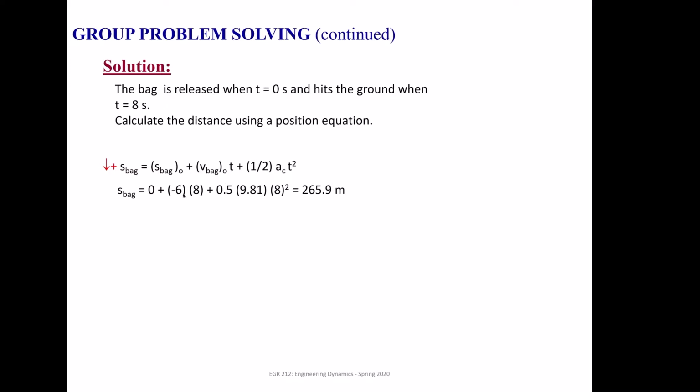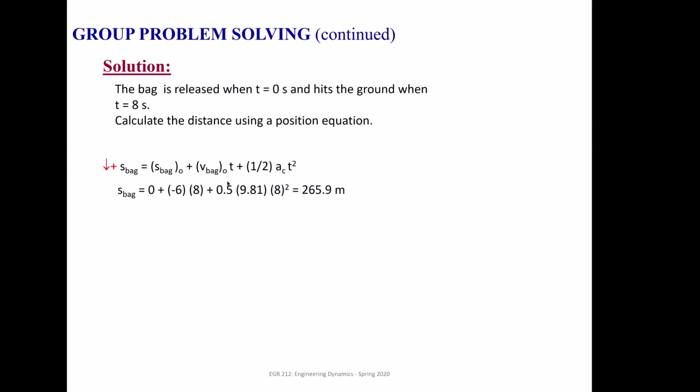And then the velocity, so we know that initially the bag was going upward, which essentially is in the opposite direction of our motion. So we have a negative 6 meters per second, and then times time. Okay, time would be our t, which is the 8 seconds.